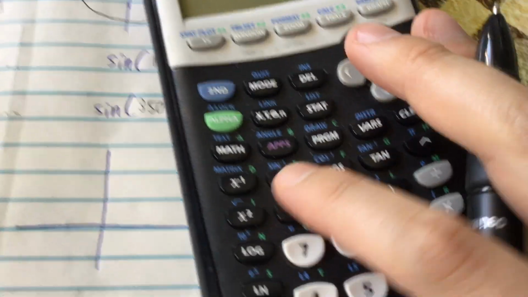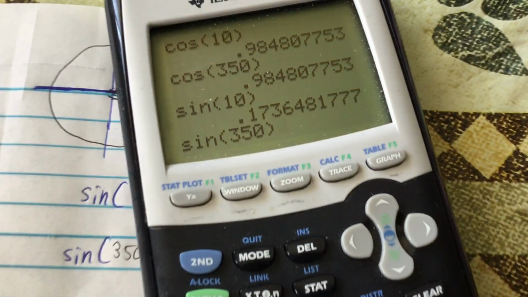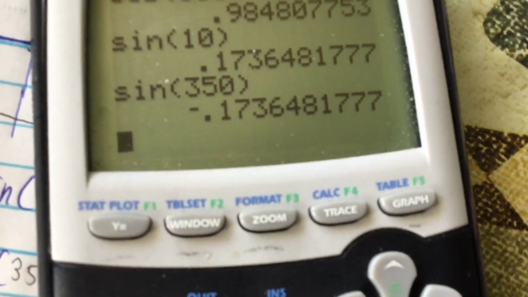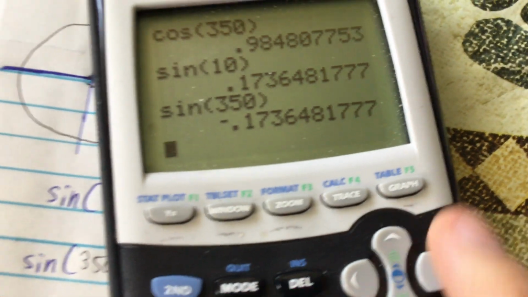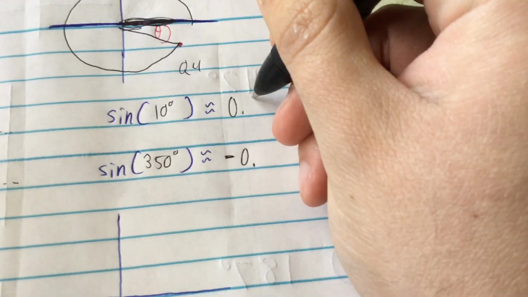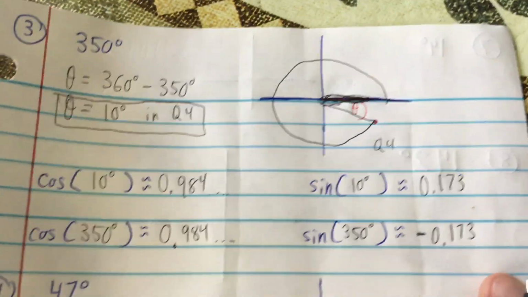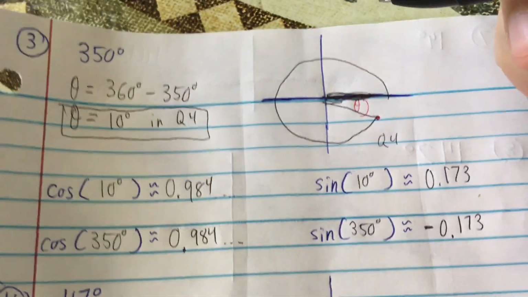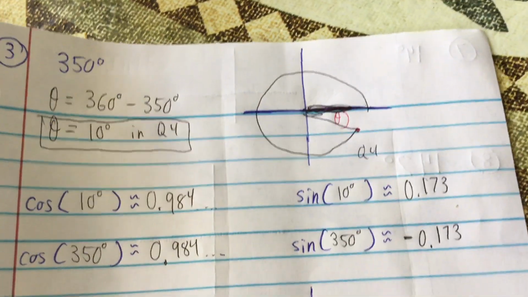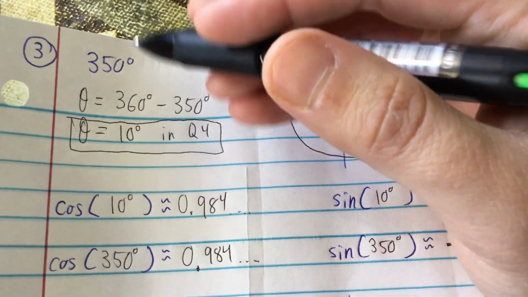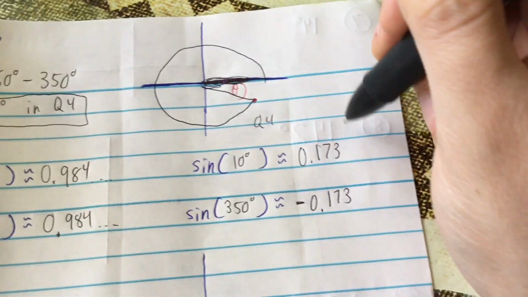And now I'm going to do the sine of 10 degrees and the sine of 350 degrees. And I get positive 0.173, negative 0.173. And that satisfies all my requirements necessary. I did it with the formula, I did it with the picture, and I did it by comparing the cosine and sine of both angles. So therefore, 350 degrees forms a 10 degree reference angle in quadrant 4.